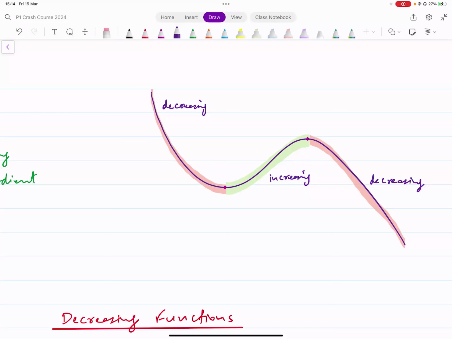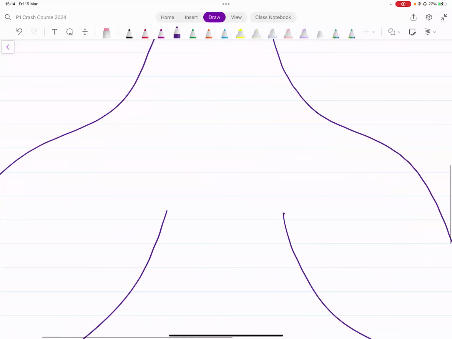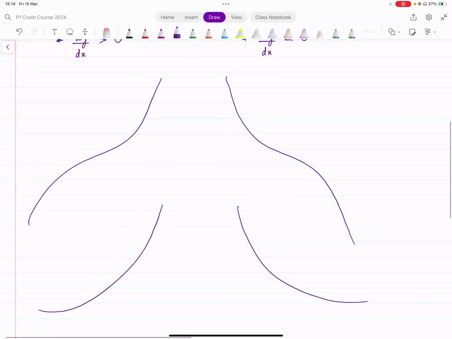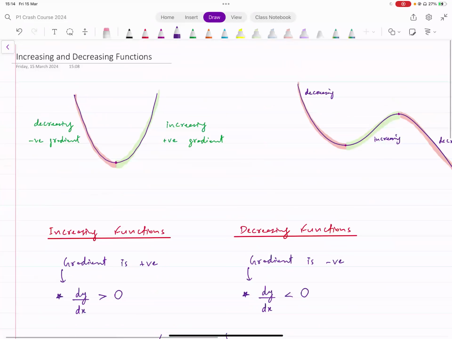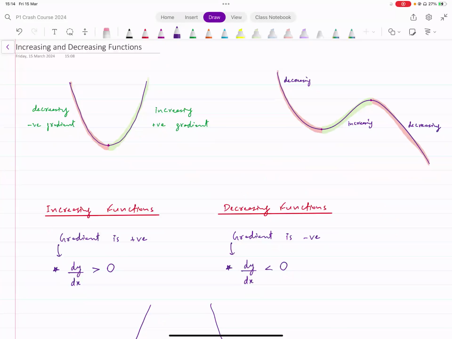So this function as a whole, we can't say if it's increasing or decreasing. As a whole, it's increasing in some part, it's decreasing in another part. These functions are either always increasing or decreasing, so both possibilities can be there. What you need to remember is increasing functions have a positive derivative, and decreasing functions have a negative derivative.